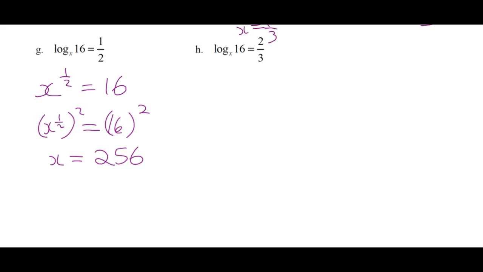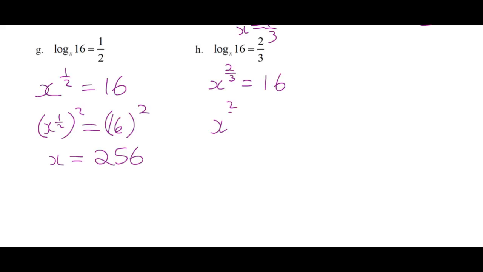Okay, what's this guy? Okay, so you've got to be able to translate from the logarithmic form to exponential form and vice versa, right? In this case, we're solving. X to the 2/3 is 16. Okay, how do I solve for an unknown base? You take the reciprocal, right?